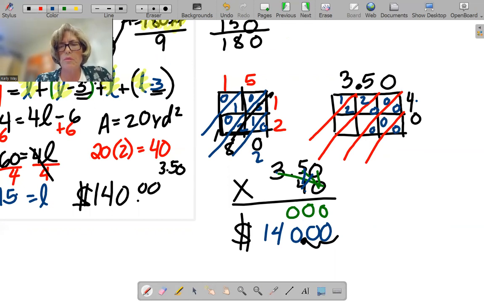This is 0. That's 0. That's 0. Left to right: 0, 0, 0, 4, 1. And I have 2 decimals. So it is $140.